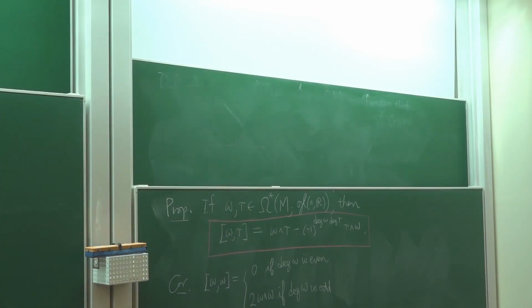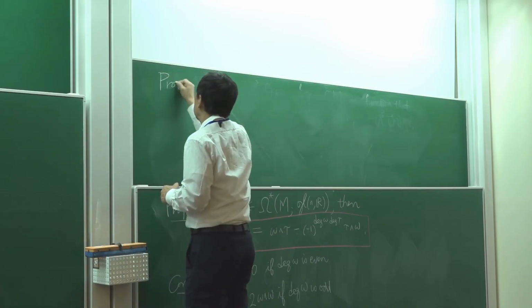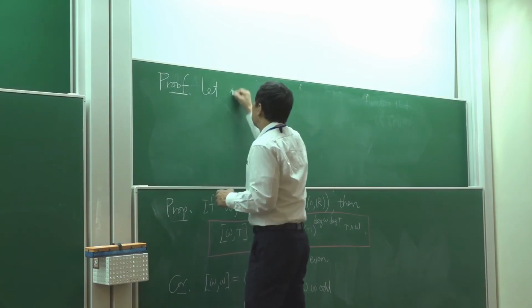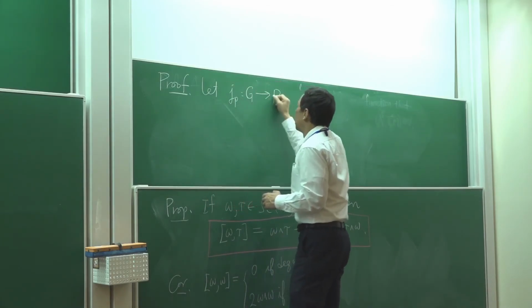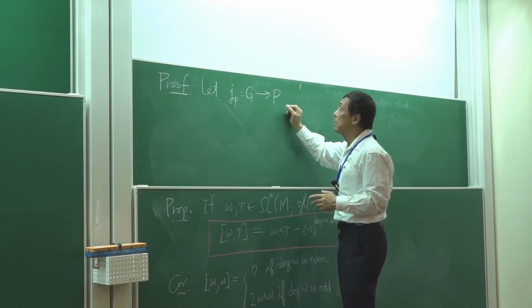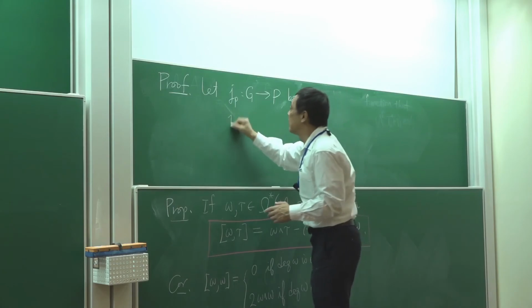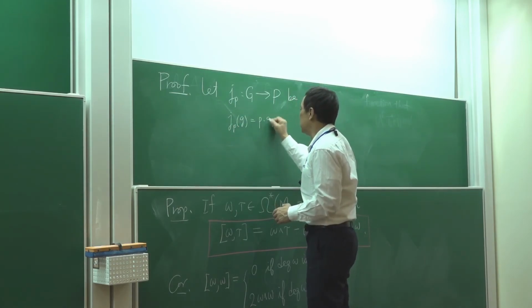Now, I have another way of getting the fundamental vector field, right? Let j_p be the map that takes g to p dot g.